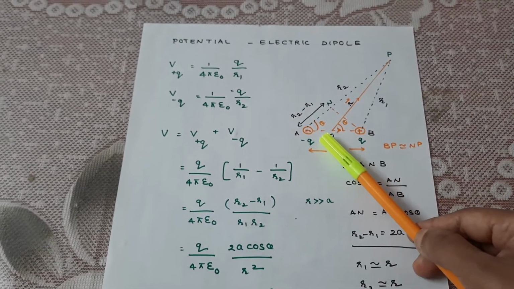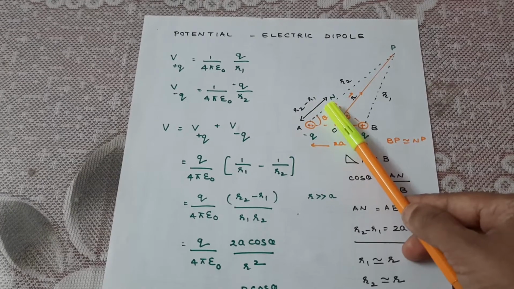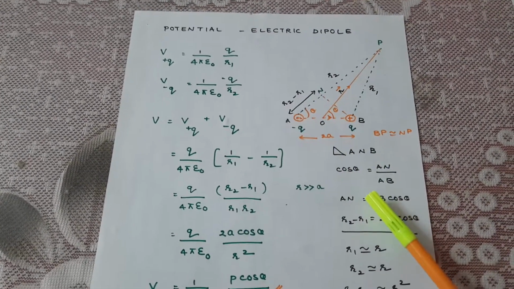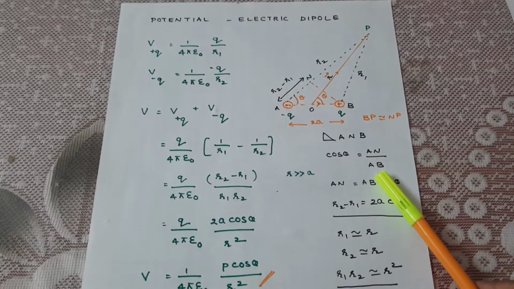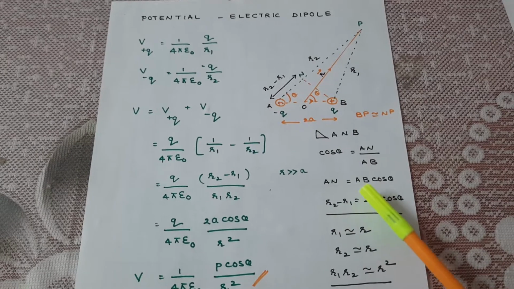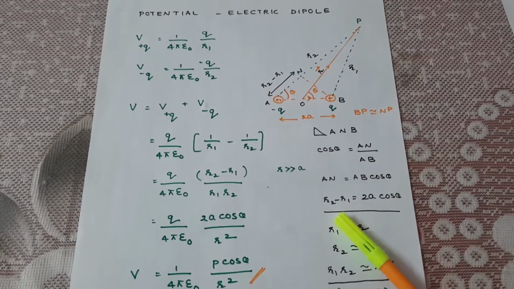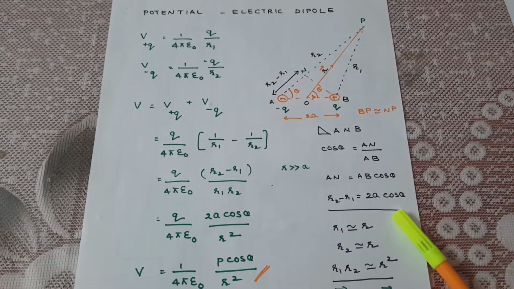Cos theta is equal to the adjacent side r2 minus r1 by the hypotenuse 2a. Cos theta is AN by AB. So AN is equal to AB cos theta. So r2 minus r1 is equal to 2a cos theta.